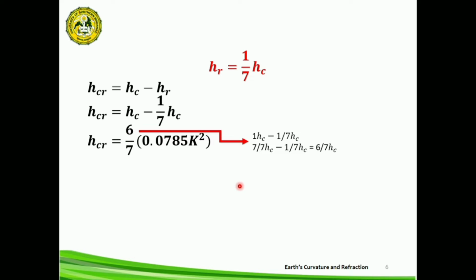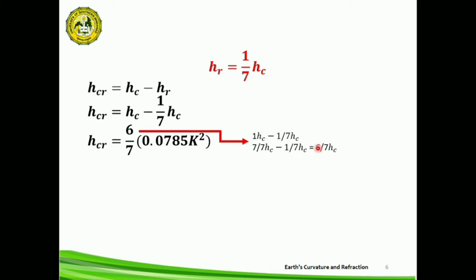So, we have the 1HC minus 1/7 HC. So, dito, kung nakikita nyo, naging 7/7 siya. Kasi po, nag-factor out po tayo. Dahil yung 7 divided by 7 is equals to 1 po. Mas madali po siyang isubtract sa 1/7 pag ganito po yung ang given.